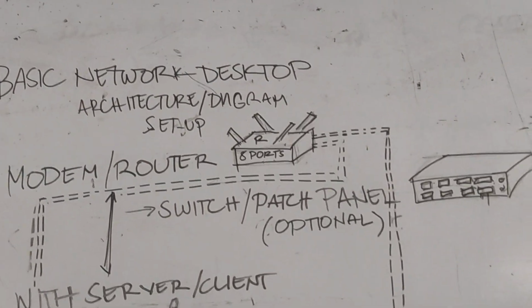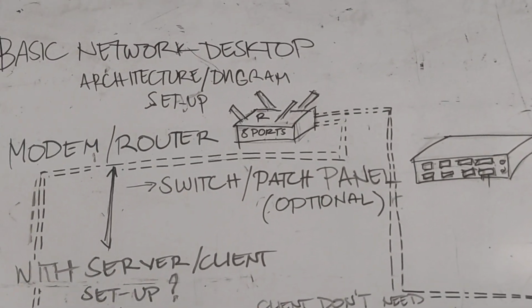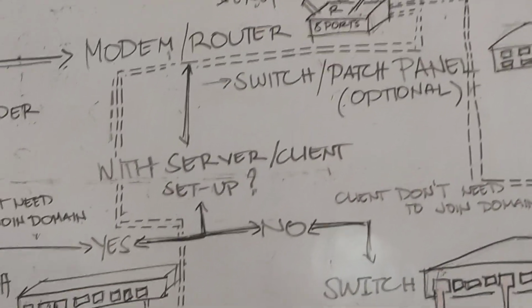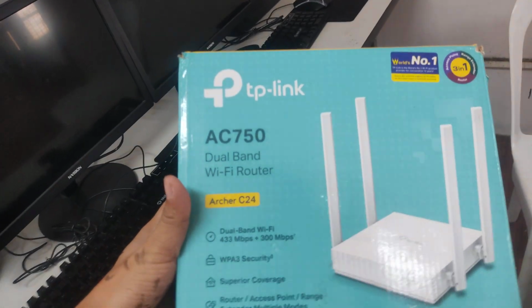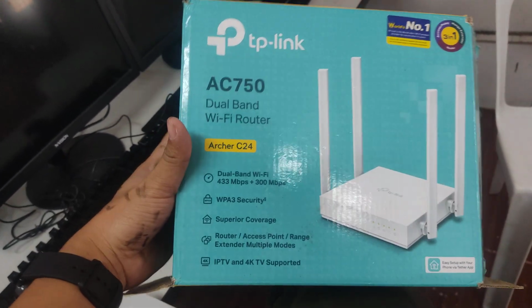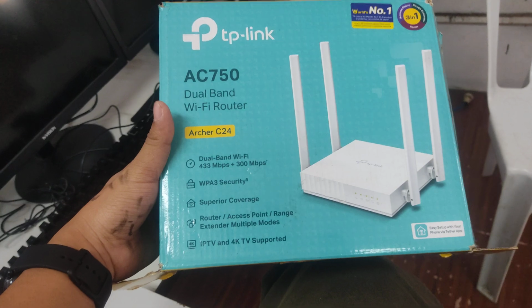And also, for example, this router is not 8-port, it's 4-port. The one I have here is a TP-Link AC dual band Wi-Fi router, the Archer C24.